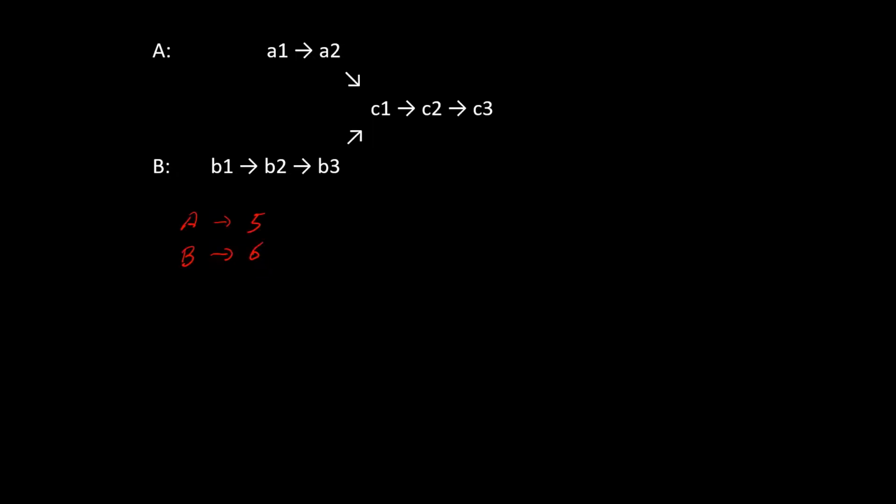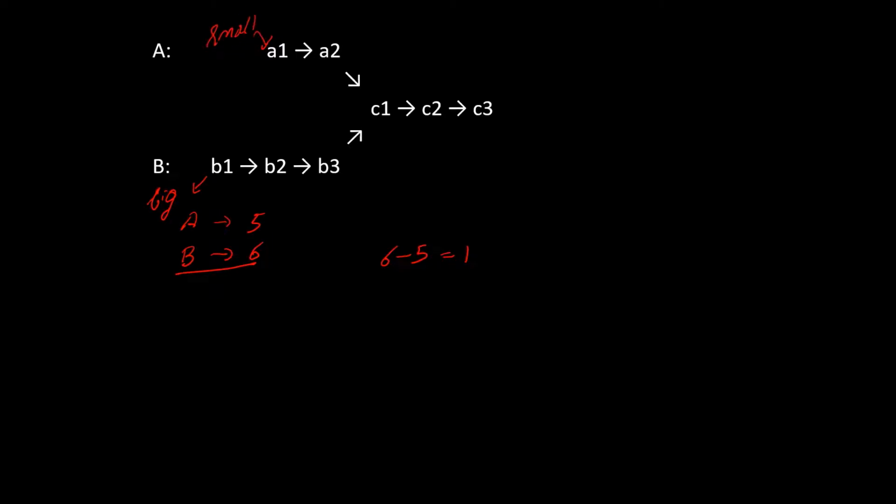Whichever has the greater length, we will start traversing it first. So we will traverse linked list B for 6 minus 5, that is 1 time. Let it be big and let the other be small.